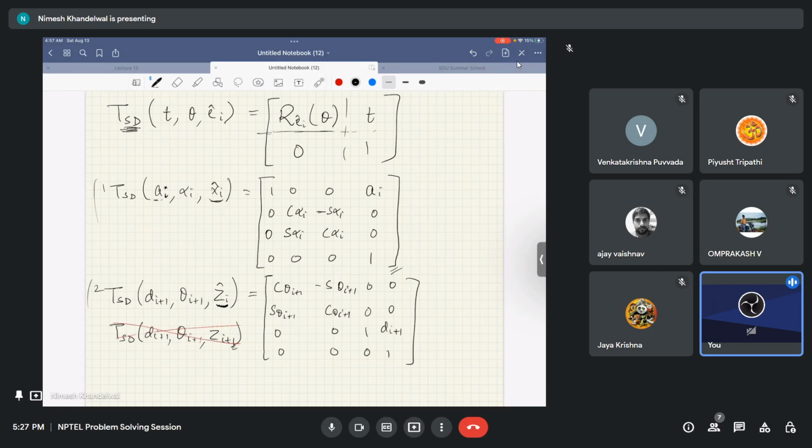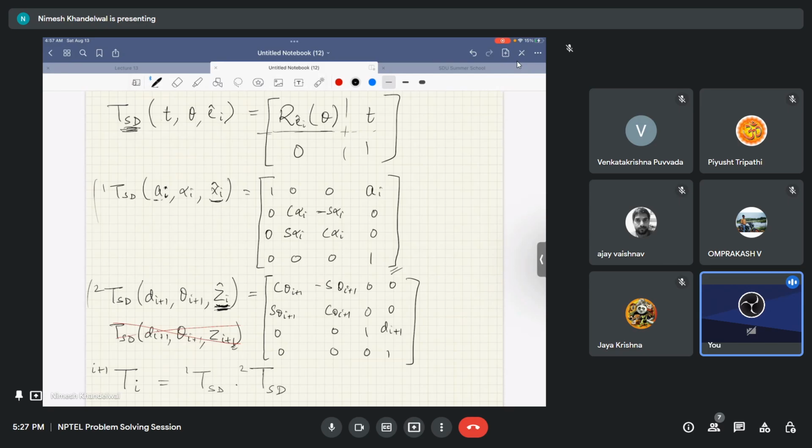And since now I had rotated along the new axis, the transformed axis, the final transformation from frame I to I plus 1 should be given by the first screw displacement post multiplied by the second screw displacement.